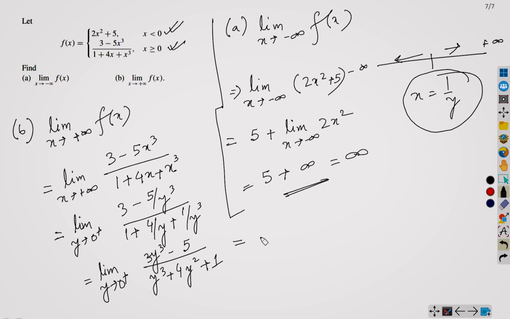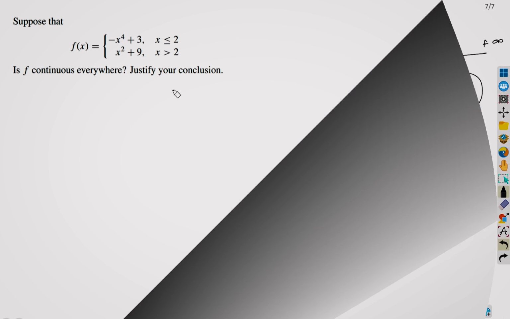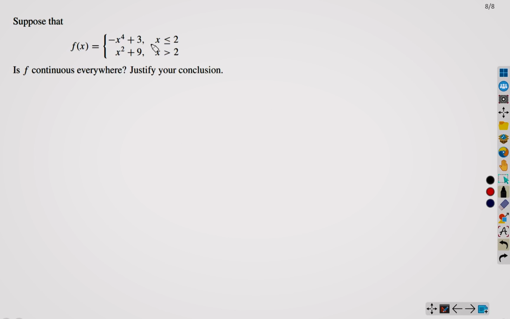So what we obtain here is minus 5. Therefore the solution for this is minus 5, and here it is plus infinity, but in this case we will say that the limit does not exist.